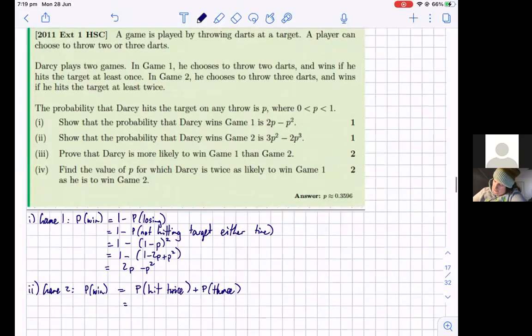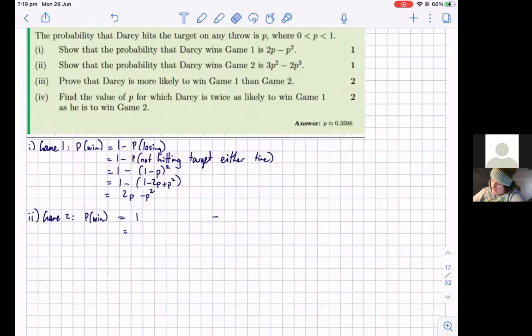I'm going to do a tree diagram. This is confusing me. I need dinner. Hit, miss, hit, miss. If he hits twice, he won't throw again.